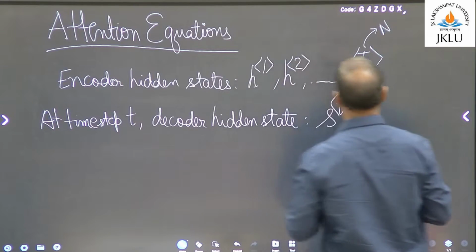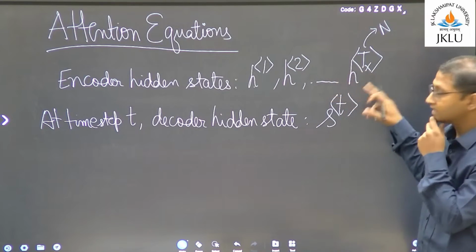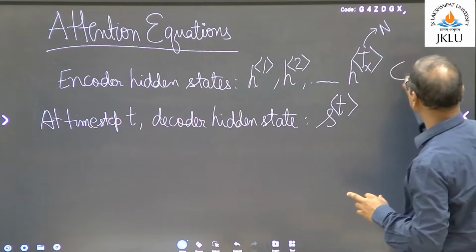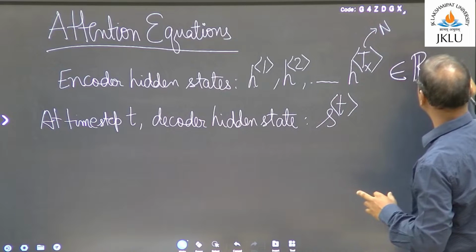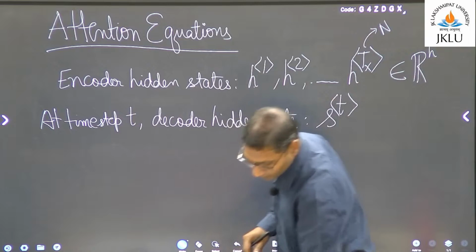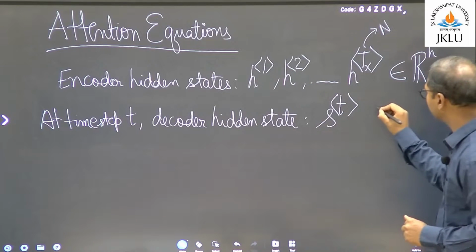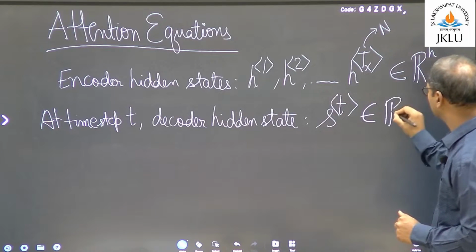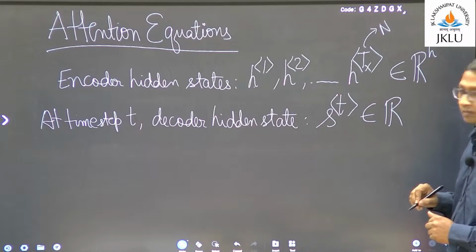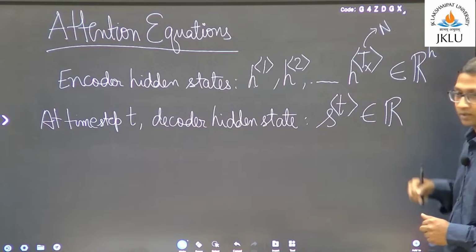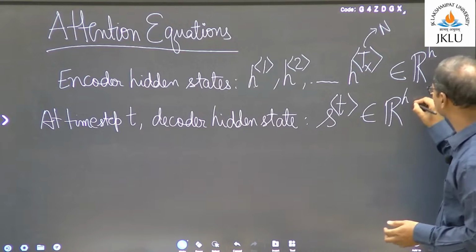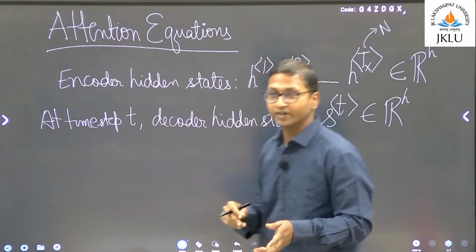Okay. Now, what are the dimensions of these? In general, what can we write? Let's say this is some R to the H, as they are using. So what will be ST? Why H? Can it be different?